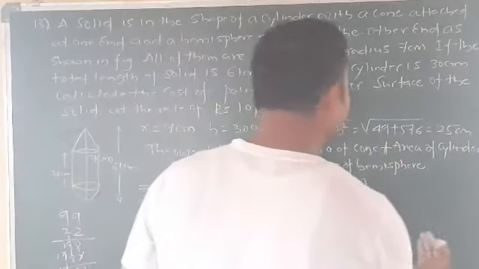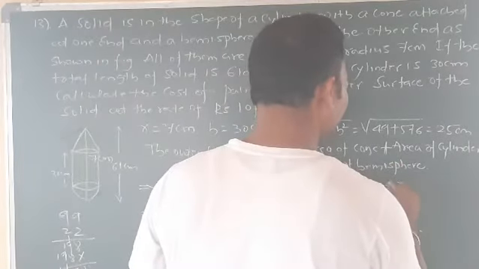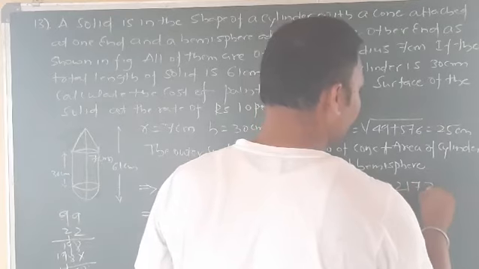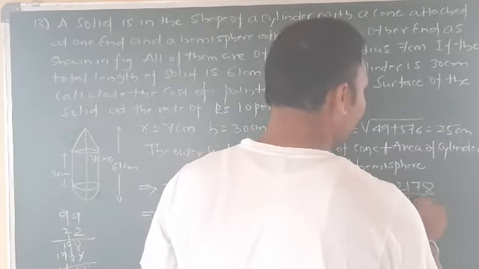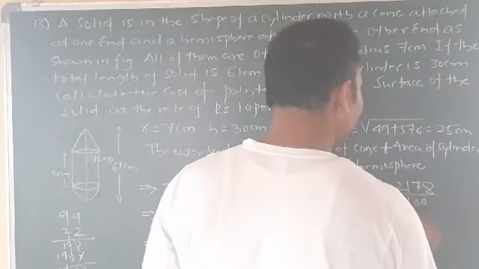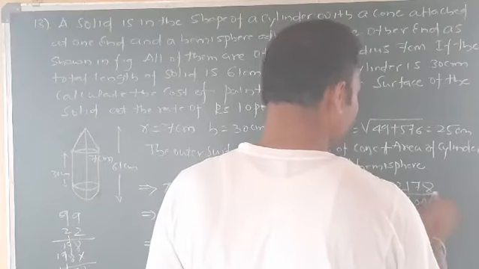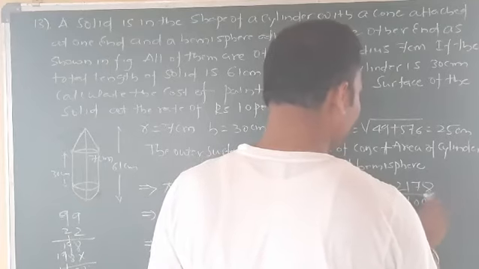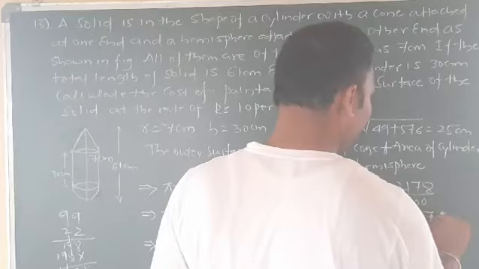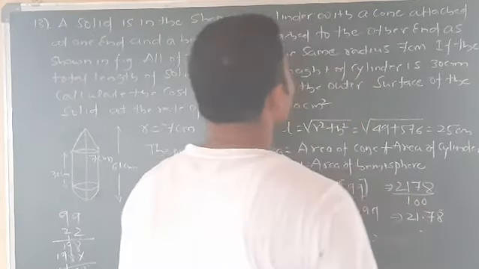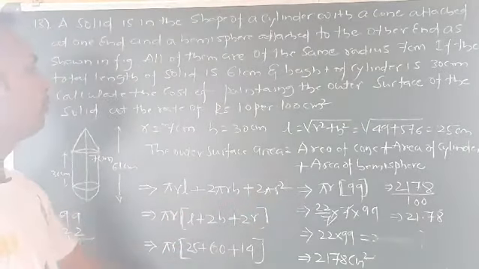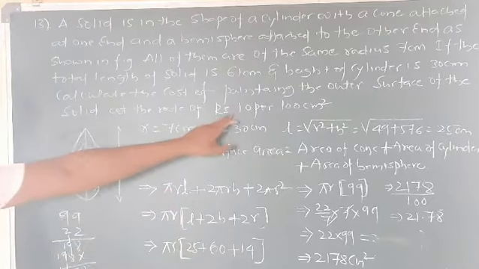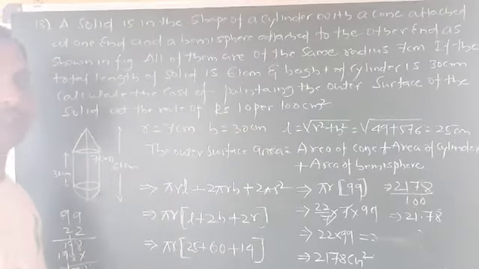Now this implies we have 2178 by 100, so what will we get? It is 21.78.